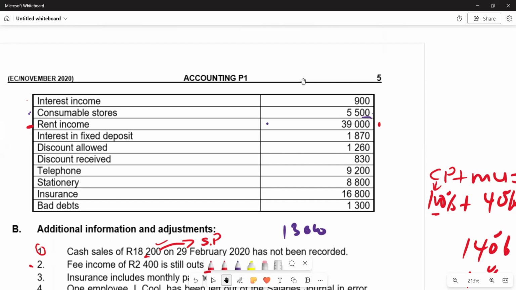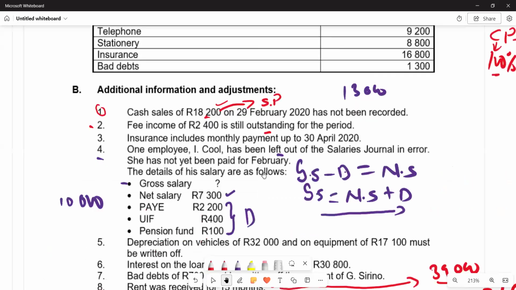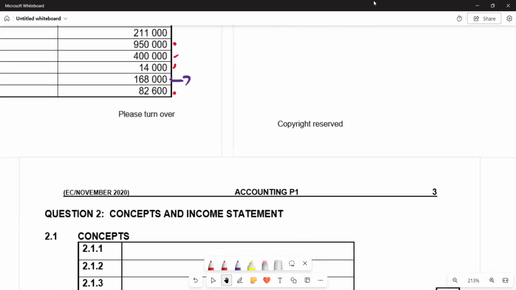So let's just try to see if we have got anything that is affecting our discount allowed. Go to additional information, and we're going to see that there's nothing affecting our discount allowed. So we are going to take our 1,260 as it is and put it under the operating expenses. So we come here.